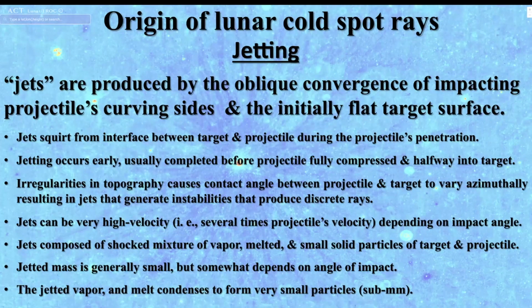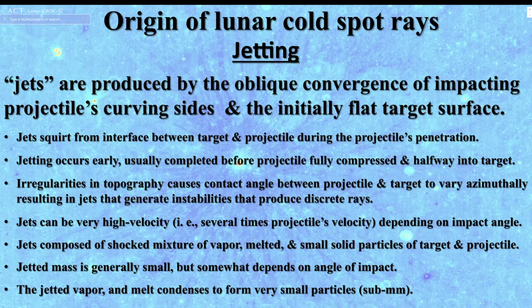Next, let's look at the second in the sequence, jetting. Jets are produced by the oblique convergence of the impacting projectile's curving sides and the initially flat target surface. Of course, when we're talking about a projectile and we look at a textbook or Melosh or whatever, we see a perfectly spherical projectile hitting a perfectly flat surface.